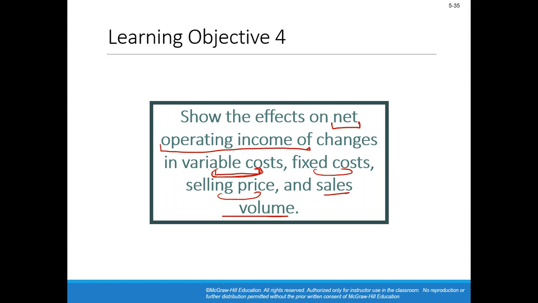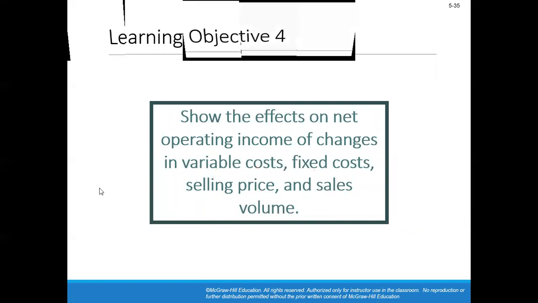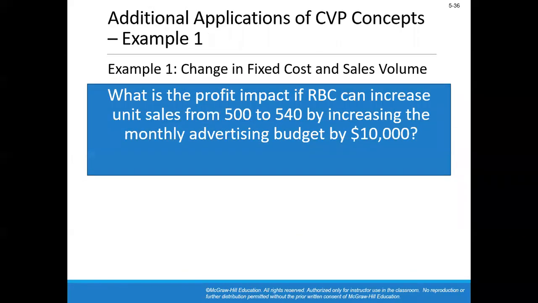What we will do first is sensitivity analysis, then we will do some scenario analysis. First of all, if there has been a change in fixed cost and a change in sales volume, how many variables are we changing in our calculation?